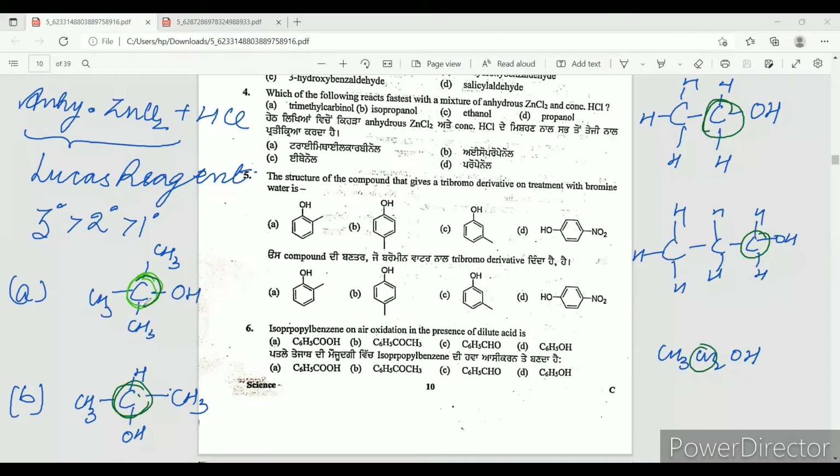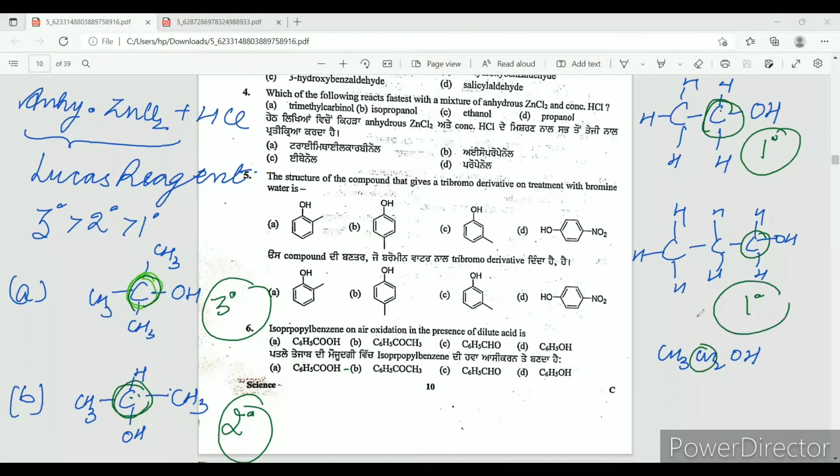Over here, this carbon is attached to 3 more alkyl groups. That means this carbon is 3 degree. So mark it as 3 degree. Now this carbon is attached to 2 more carbons, directly attached to 2 more carbons. So therefore it is 2 degree. Over here, this carbon is directly attached to only 1 carbon. It is 1 degree and 1 degree.